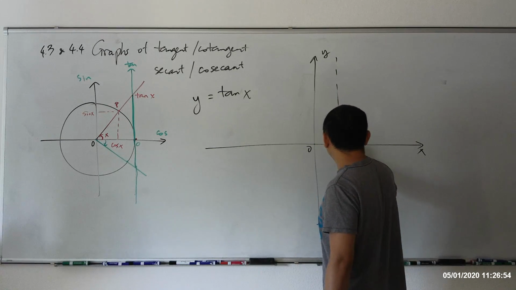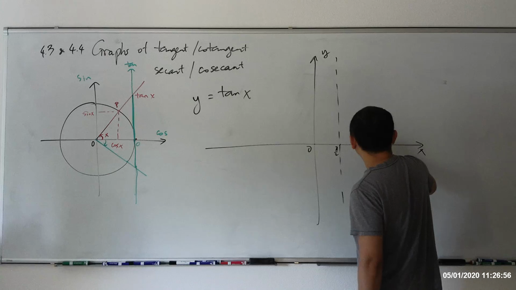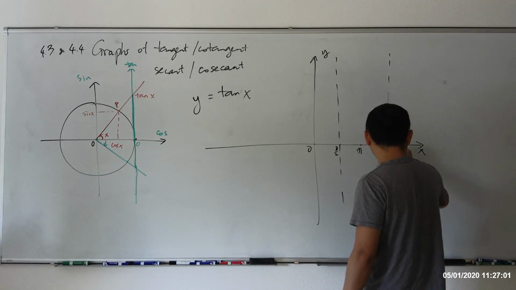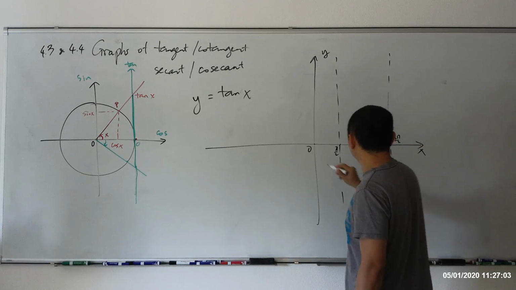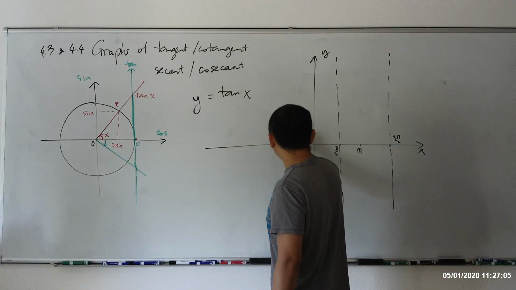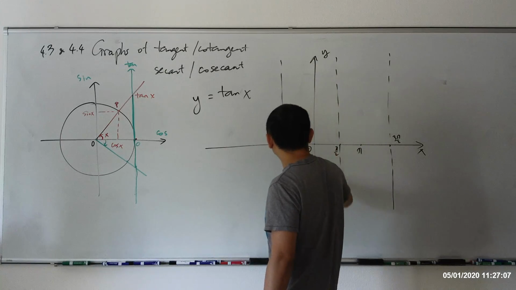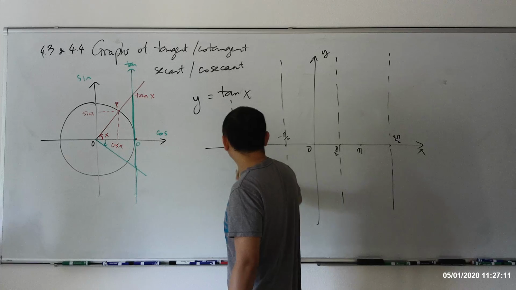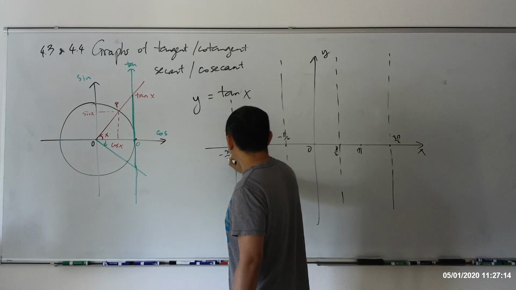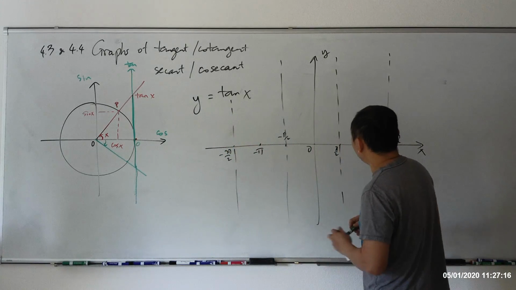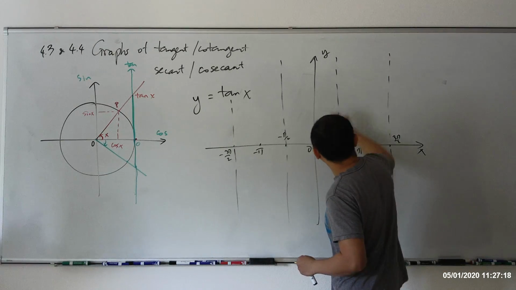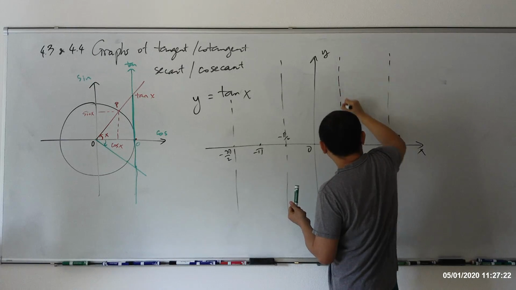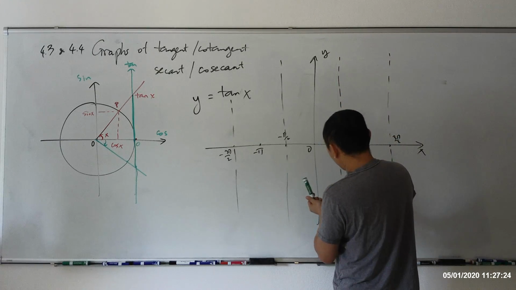This is pi over 2, pi, 3 pi over 2, negative pi over 2, negative pi, negative 3 pi over 2. Okay, and the graph of tangent is going to look like this. Let me draw it a little bit better. Okay, the graph will be like this.